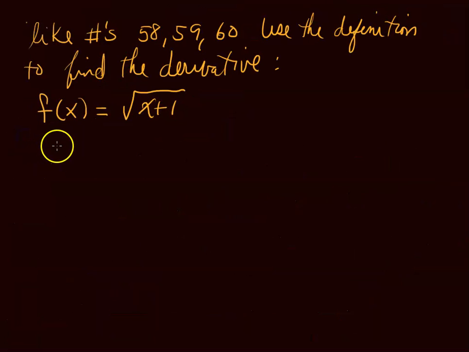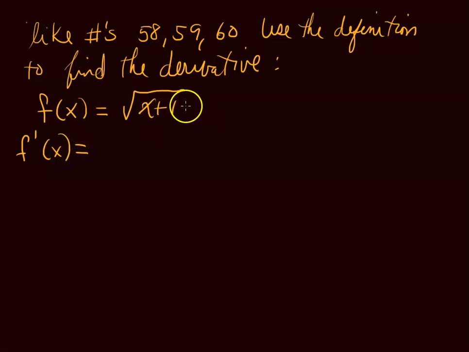Okay, this is like numbers 58, 59, and 60, but of course it is a different function. We need to use the definition of the derivative to find the derivative. Given f of x equals the square root of x plus 1, we also need the first derivative for that.